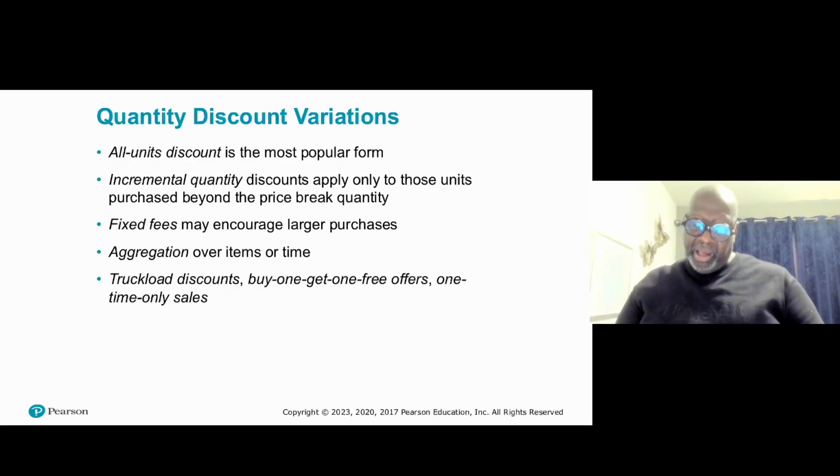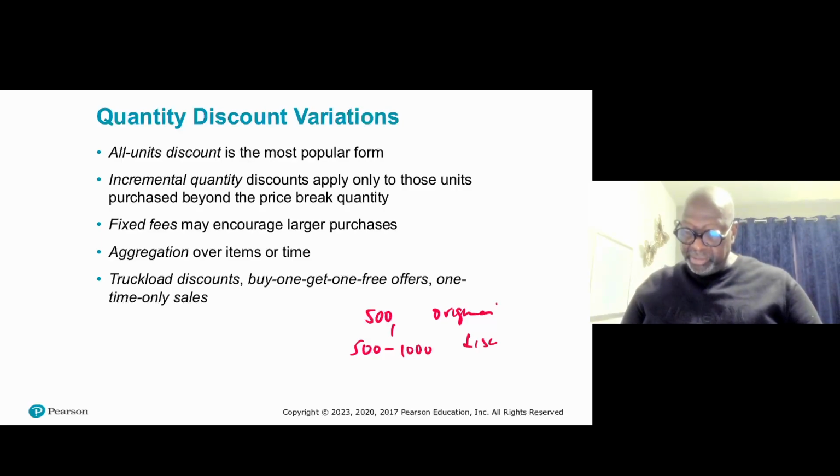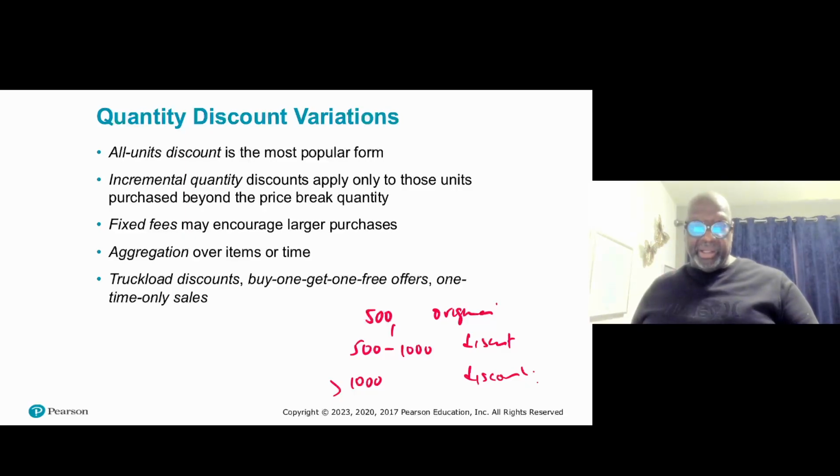We say, well, if we'll give you a discount on the first 500, the first 500 you pay at the original price, and then on the next 500 to 1,000 we will give you a discount one, and then for numbers beyond 1,000, we'll give you another discount. So that's kind of incremental discounts. That's a possibility. All right.